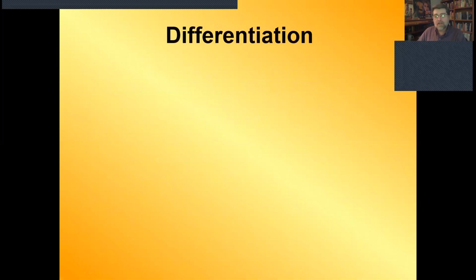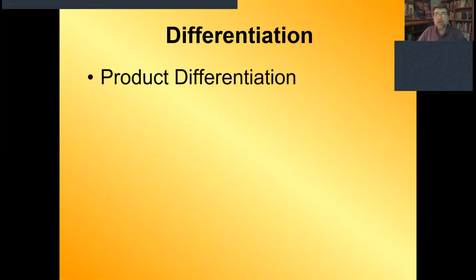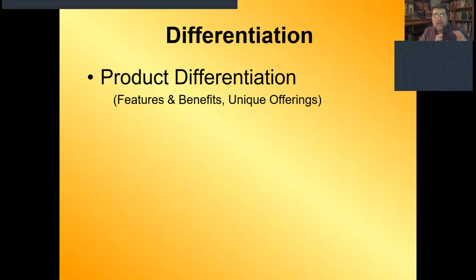When doing that, and I talked about the unique selling proposition, you need to differentiate yourself from your competitors. Now, if you can do that through product differentiation, and by that I mean you can differentiate yourself through the features and benefits, or maybe you have a unique offering, that's great. If you can do that, fantastic.